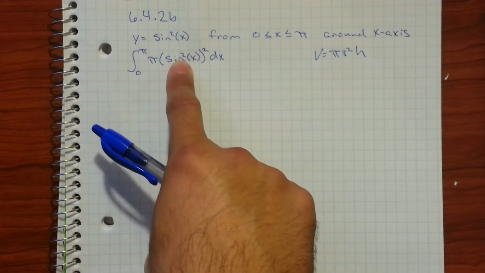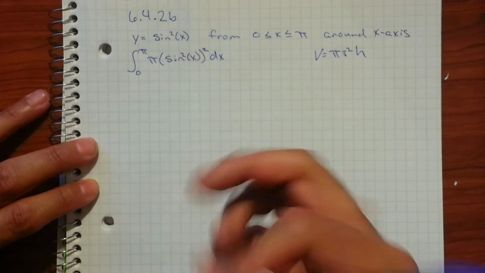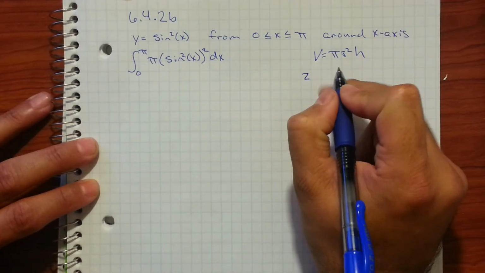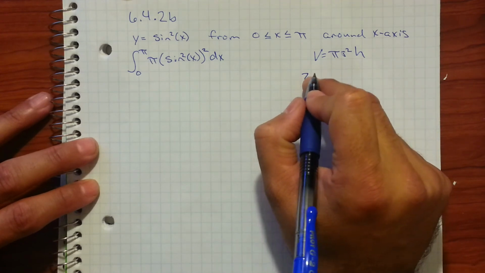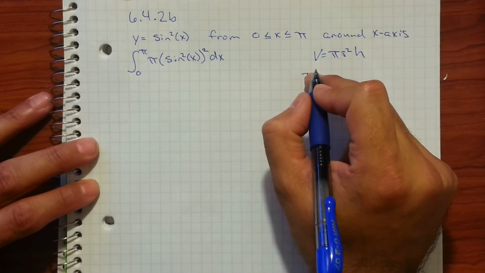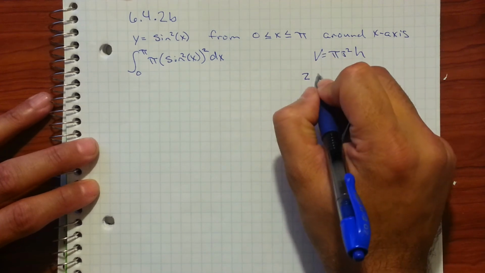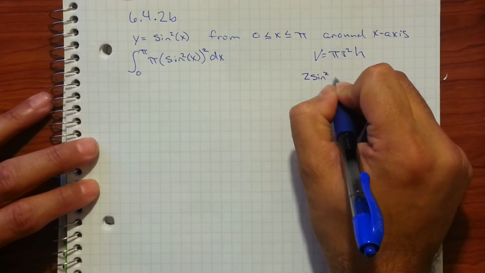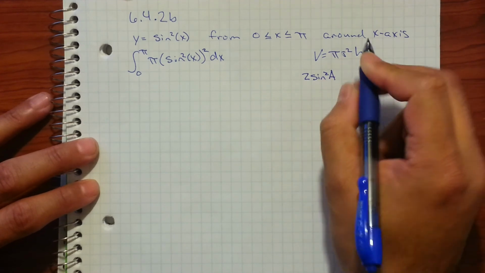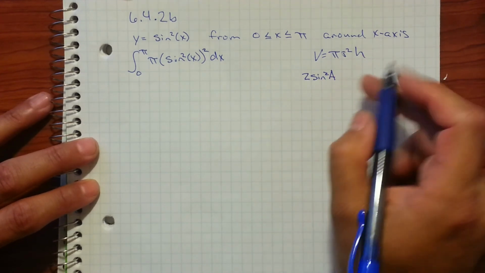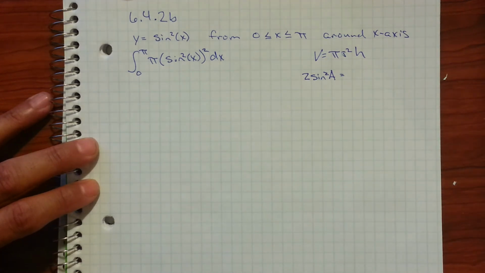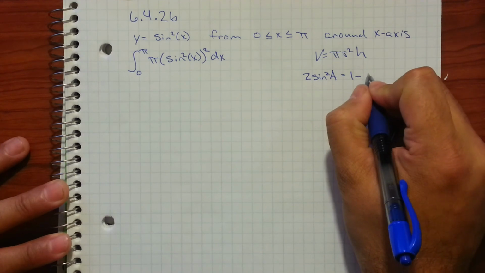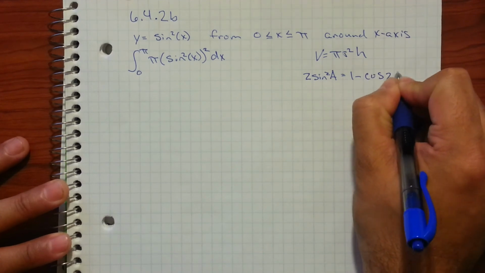So on the previous problem, I was able to go through and say that I know that 2 sine squared a is equal to 1 minus cosine of 2a.